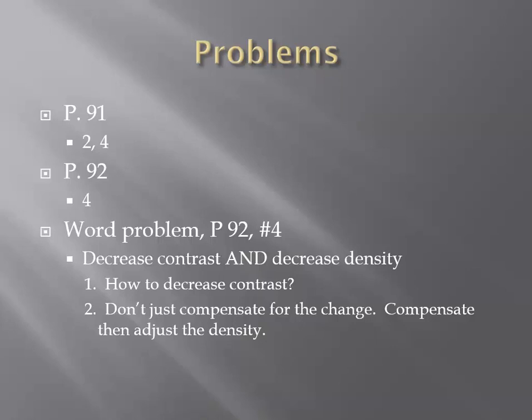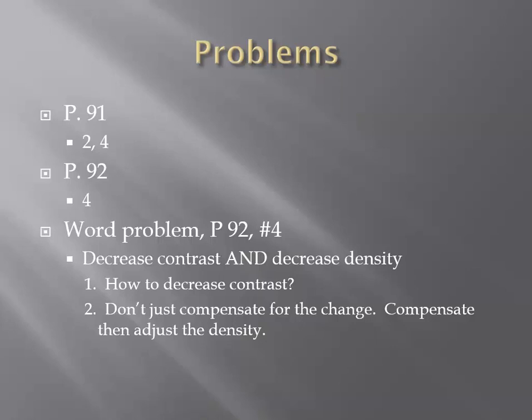So this is a full-on word problem all by itself. It says, what new mAs and kVp are needed to produce a radiograph with less contrast? Stop there. You need less contrast, so what do you need? You need an increase in kVp, and half of the density of the original technique.